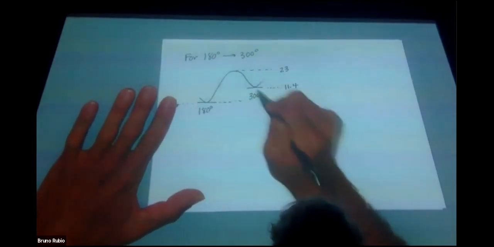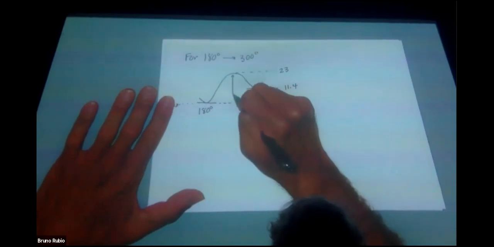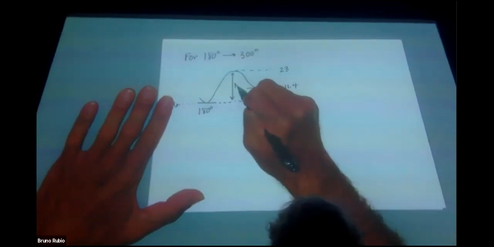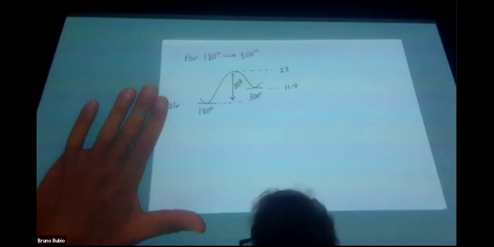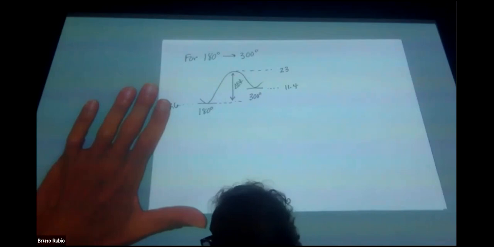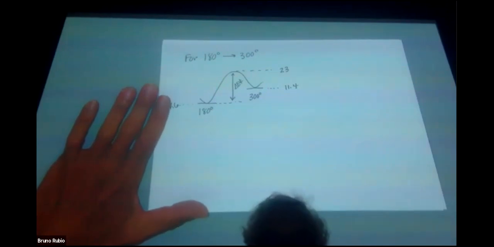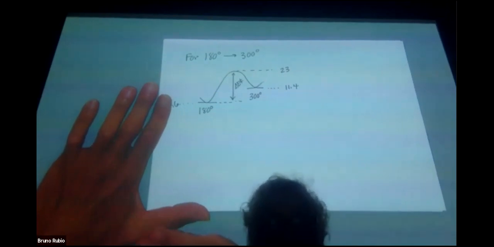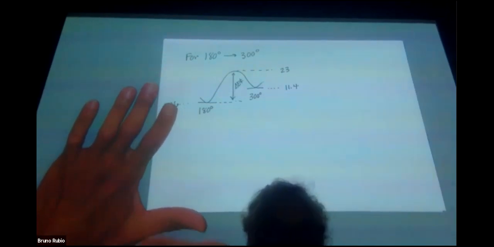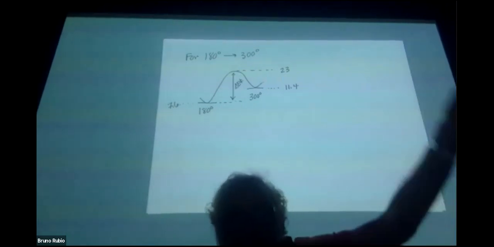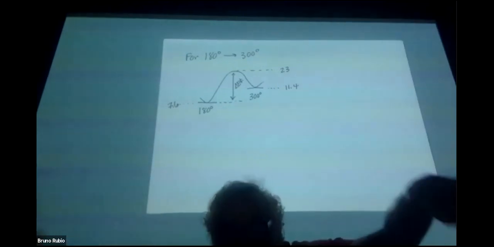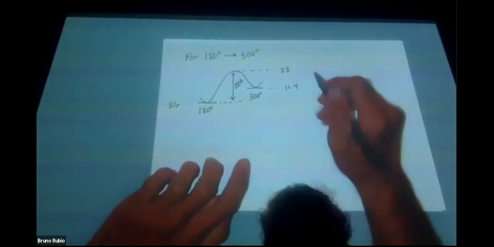It's this energy distance right here. That is the delta E double dagger. That's the amount of energy that the molecule has to have to go from the 180 to the 300. It has to experience a collision with at least this much energy to promote it over that hill from one valley to the next valley.